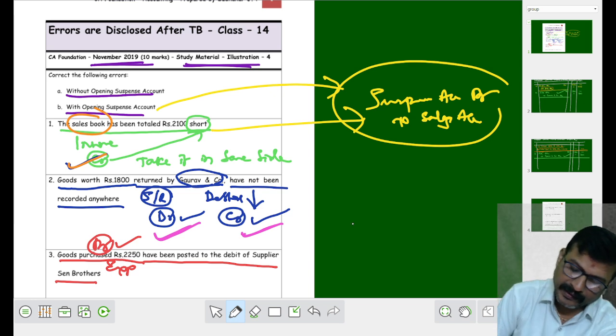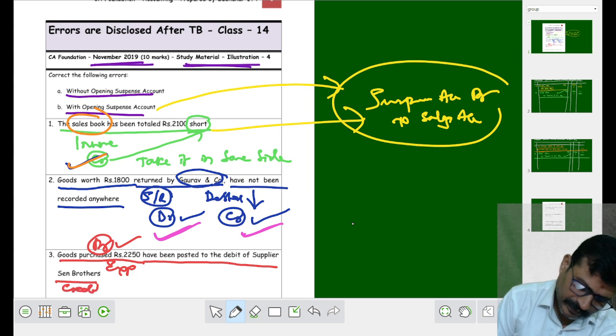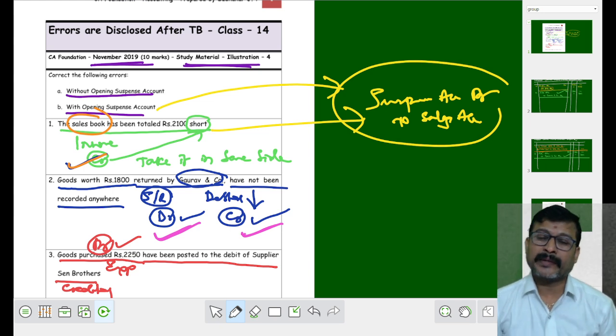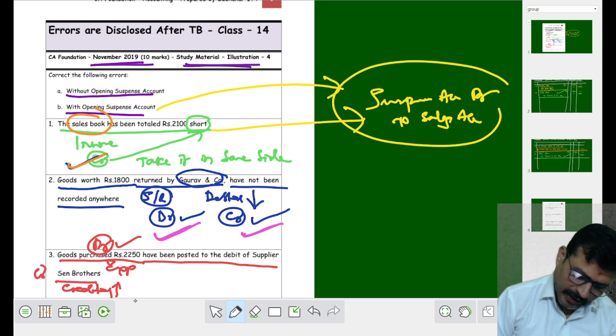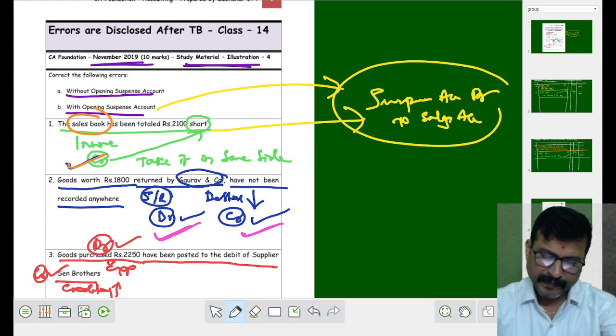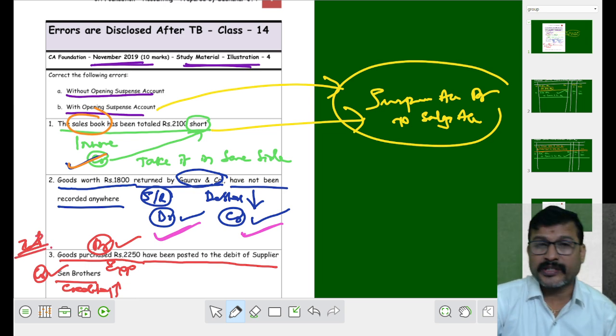Who is the supplier? Sen Brothers. Who is Sen Brothers here? Creditors. Creditors increase, that is a liability. Liability increases, so what to do? Credit.